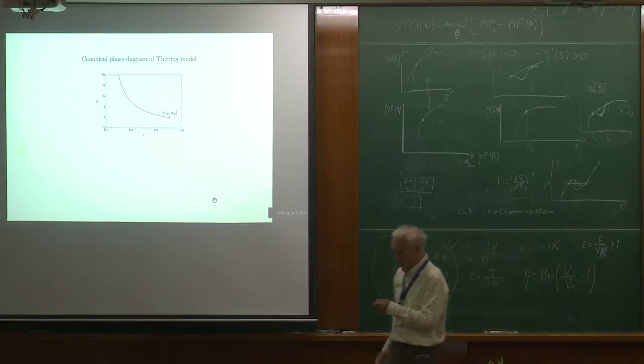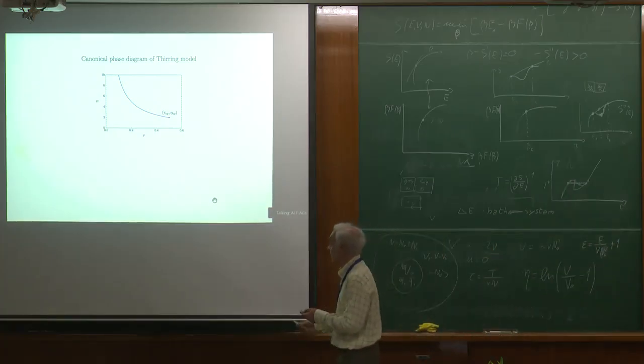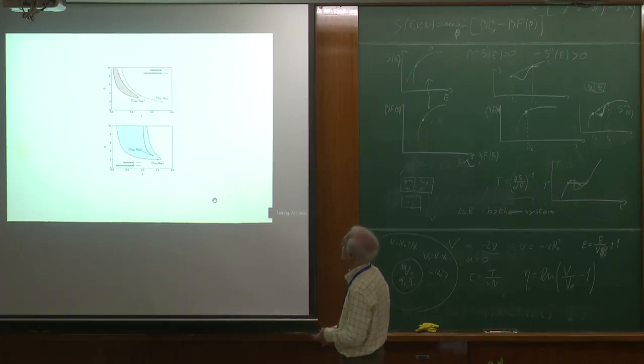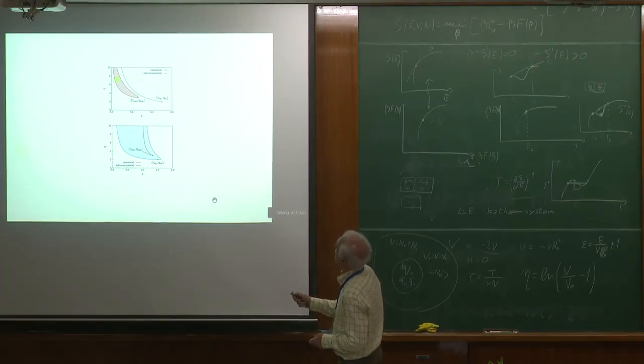In fact, you can see the inequivalence of the ensembles if we look at the two ensembles plotted together, once in the eta-epsilon graph, and the other in the eta-temperature plot. So here you have the first order transition, canonical, and here the first order transition, microcanonical.